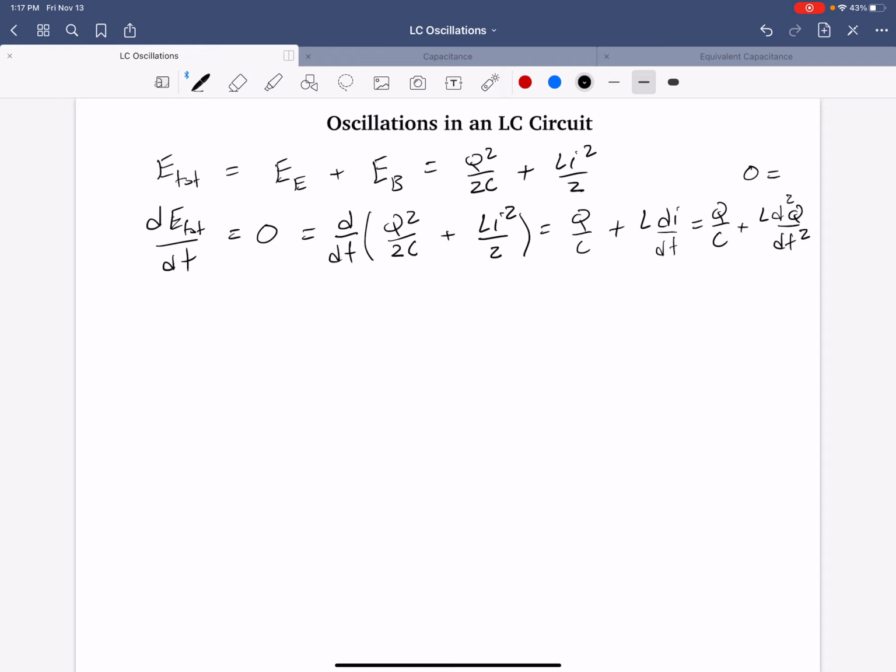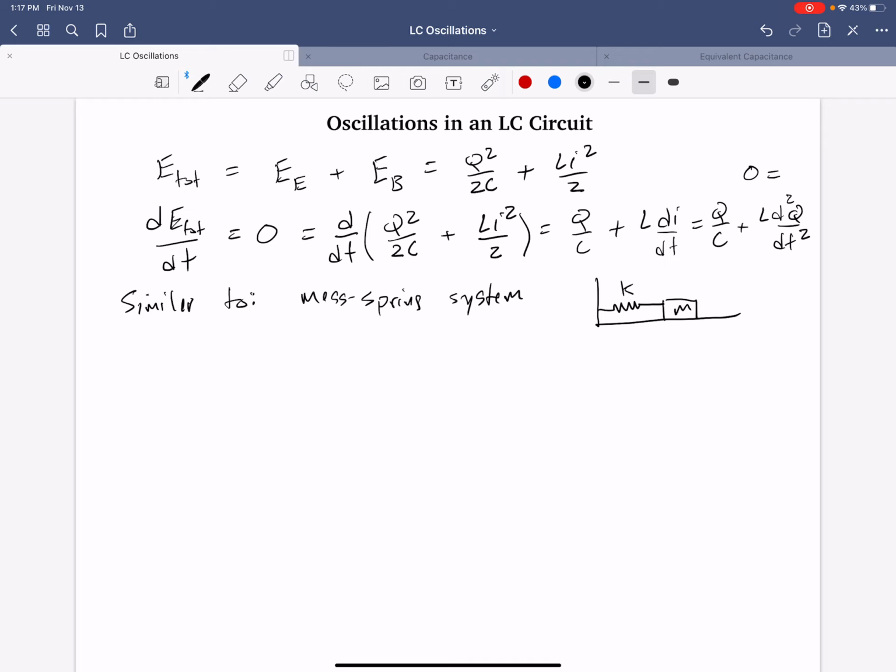You may recognize this from 4A, right? It's okay if you don't. I know it was a while ago, but it's similar to the situation of a mass on a spring. It's similar to a mass-spring system, which was basically you have some spring with some spring constant attached to a mass on a frictionless track, right?